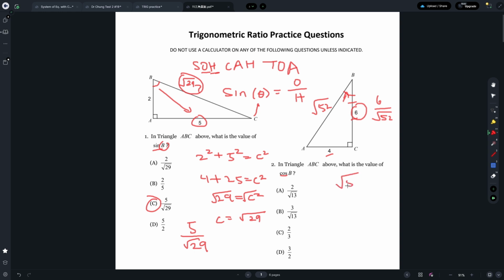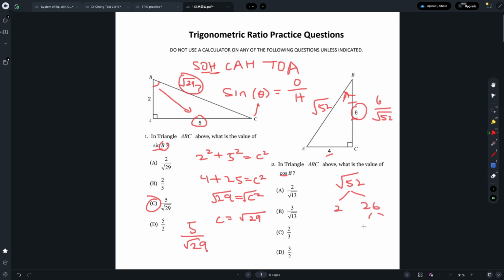And how do we do that? We can do prime factorization to factor out square roots. So what we do, we find the smallest prime number in 52. And the smallest number to start with every time is 2, because 2 is the smallest prime number. And if the number inside the square root is even, you can always divide by 2. So if we divide by 2, we get 26.